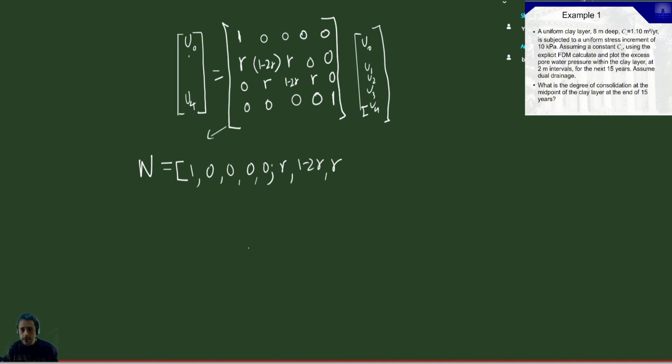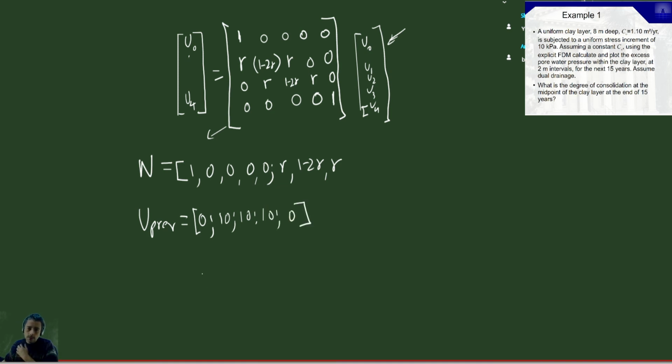So basically you're defining that matrix, and then you define your first vector at time 0, so you would define uprev as 0, semicolon, 10, 10, 10, and 0.